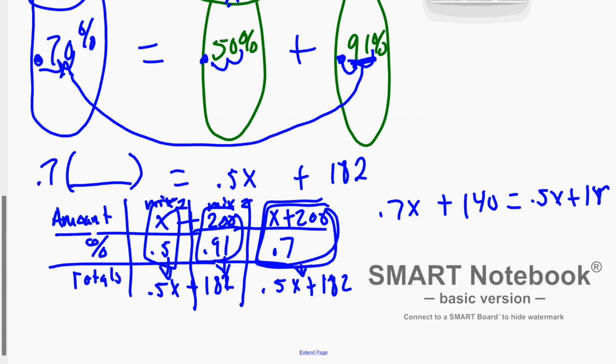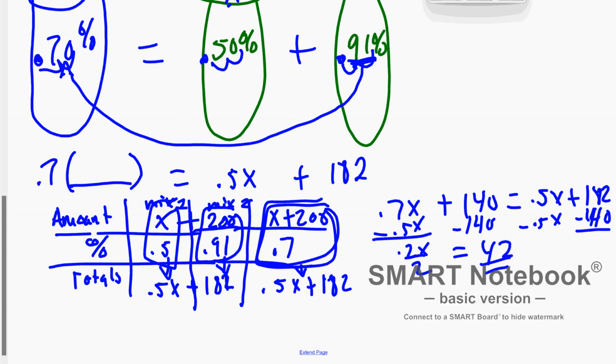Now it's just a linear equation, right? So I can subtract 0.5x on both sides, and I get 0.2x minus 140, and then add 140 on both sides, and that would be 42. Divide by 0.2.